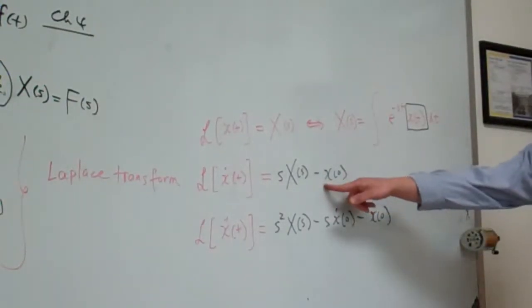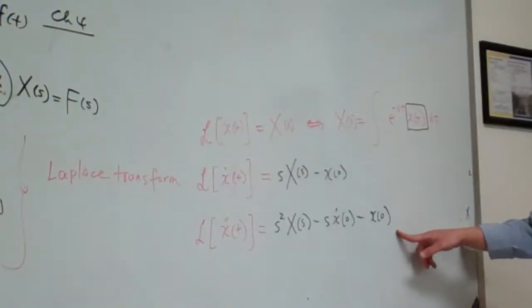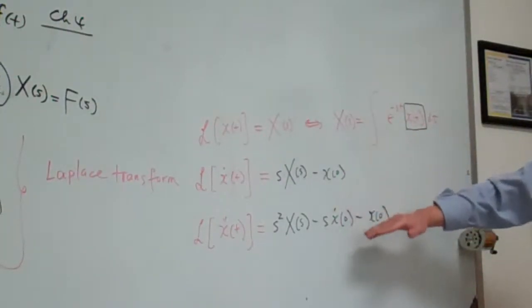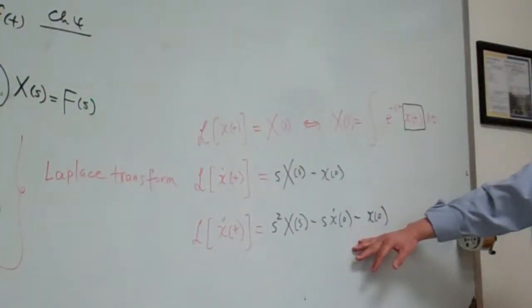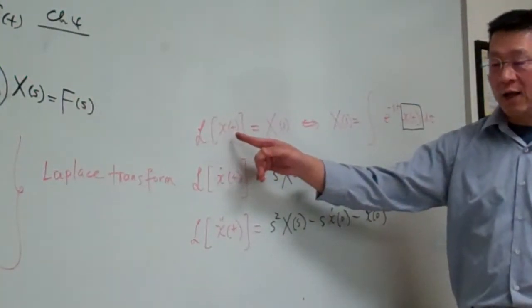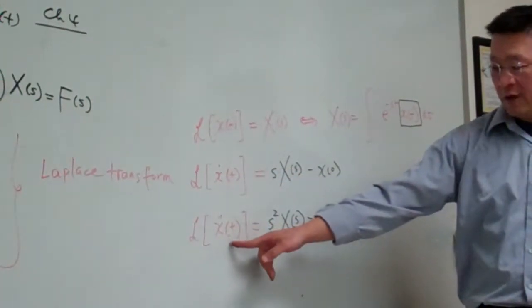This means the initial conditions, initial position, initial velocity. This is the fundamental complete description of the Laplace transform for the dynamic information for its first derivative and its second derivative.